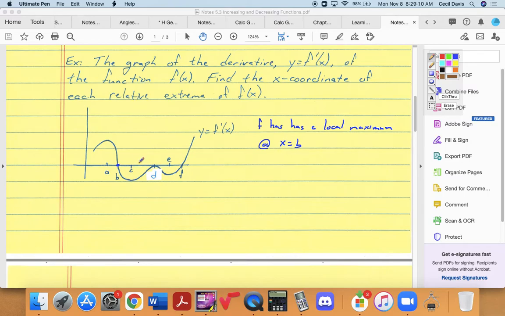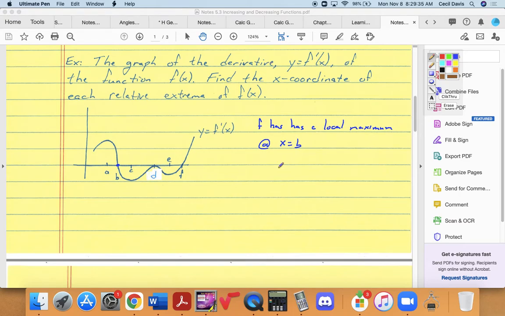But since f prime is negative, 0, and then negative, in that order from left to right, this is going to be neither a local maximum nor a local minimum for the graph of f. And do you see why it's really important that you talk about the graph of f prime versus the graph of f?